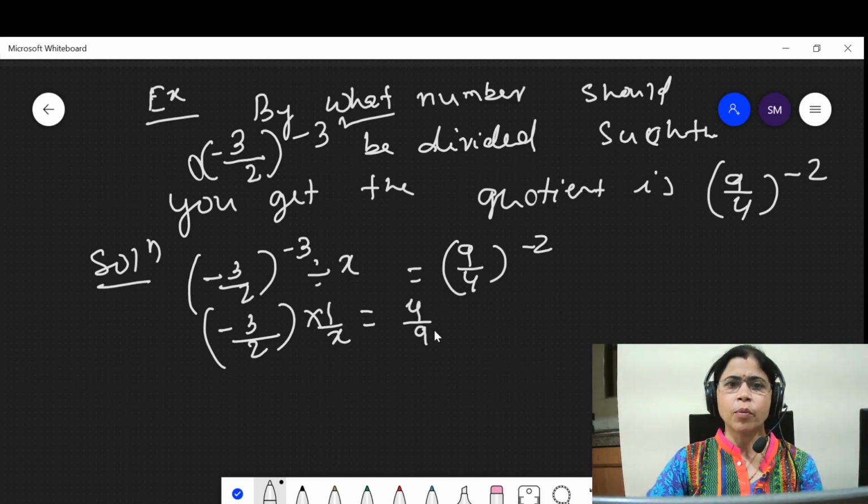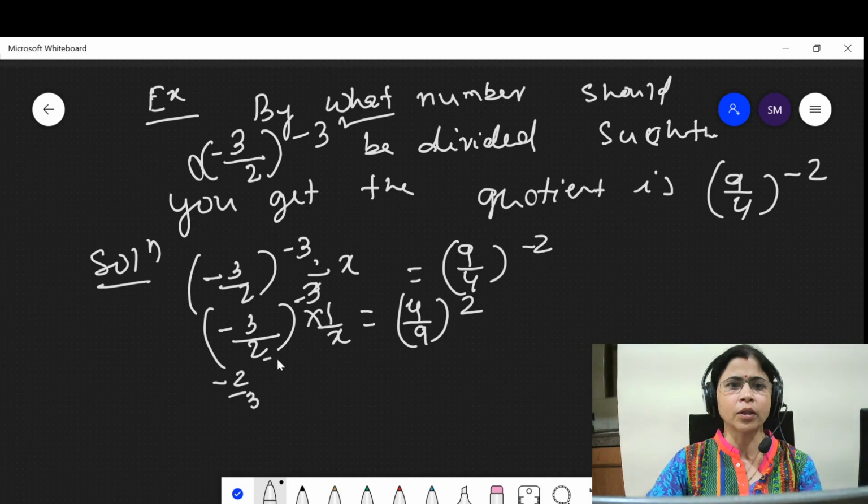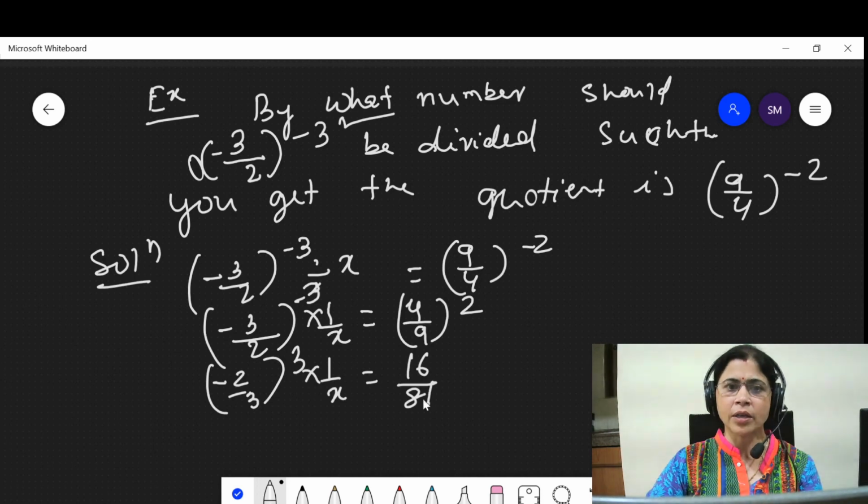This means (4/9)^3, which is also (-2/3)^3 times 1 upon x, is equal to (4/9)^2, which means 16 upon 81.